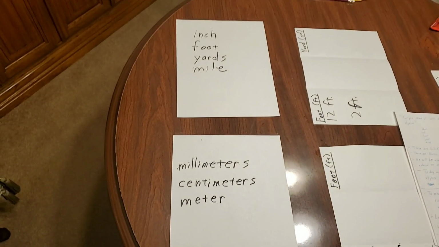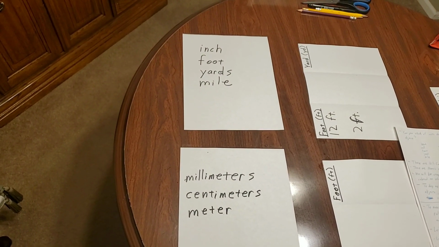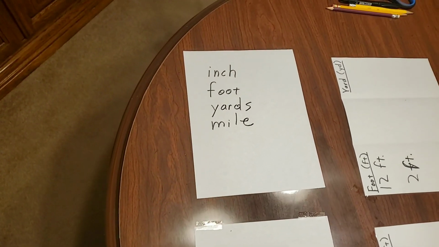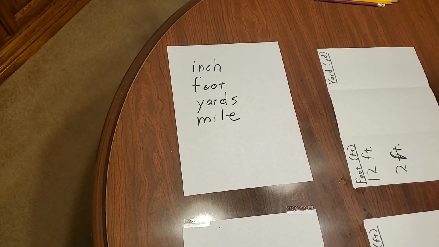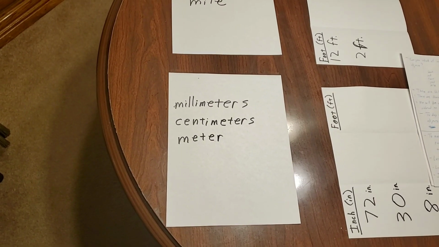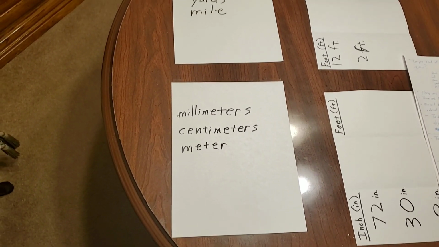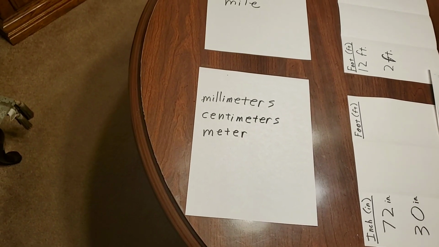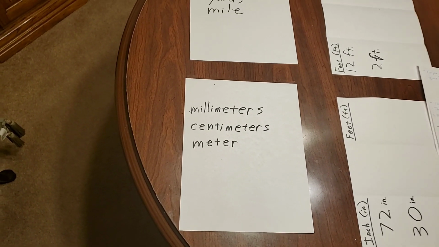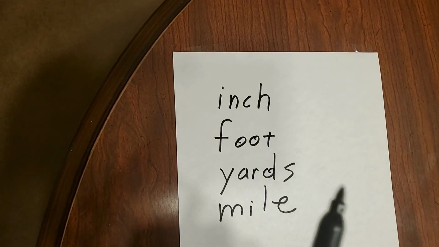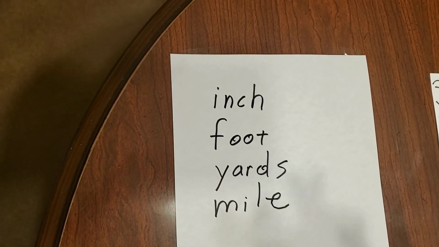So here are some units that we can use to measure the length of an object. We can use inches, feet, yards, or miles. We can also use millimeters, centimeters, and meters. You probably wonder why I did not put them on the same paper. The reason is that they're two different systems of measurement.